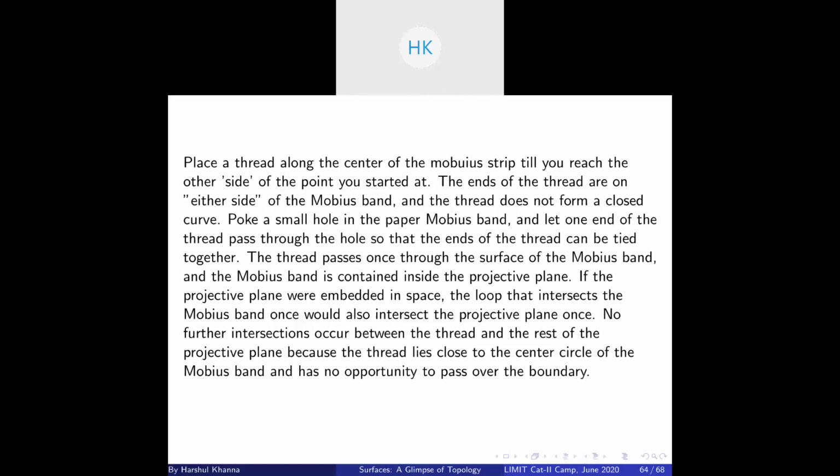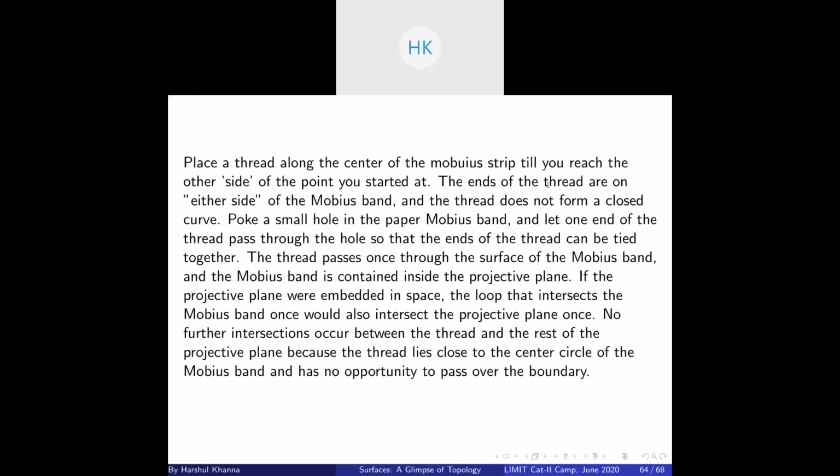You will essentially get towards the other side of the surface. Now side is in quotes because Mobius strip only has one side, but you get what I'm saying, right? That you will reach the other side of the paper, because paper has thickness, other side of the paper from where you started. So place a thread along the center of the Mobius strip till you reach the other side of the point you started at.